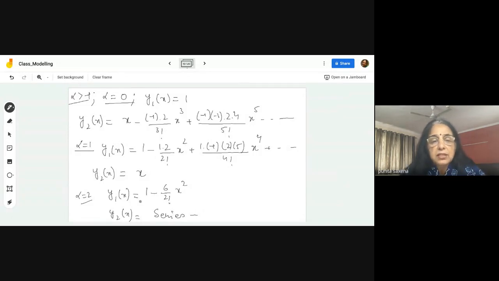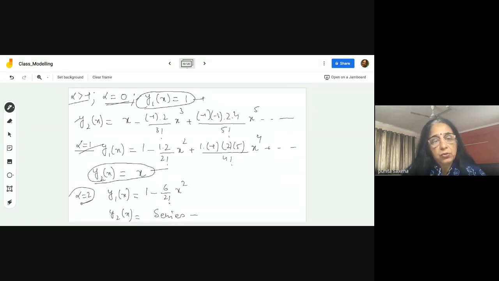What is the difference between y1 and y2 here? When alpha is 0, I am getting y1 to be a constant term. That means it is a polynomial of degree 0. For alpha equal to 1, I am getting y2(x) as a polynomial of degree 1.